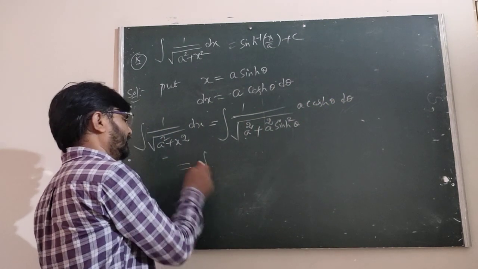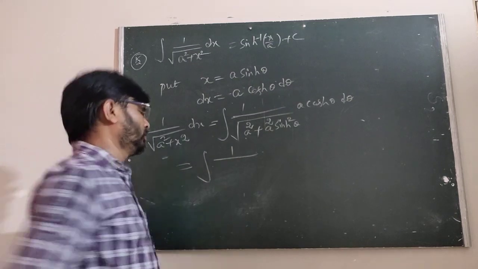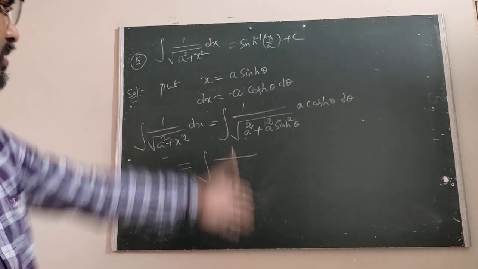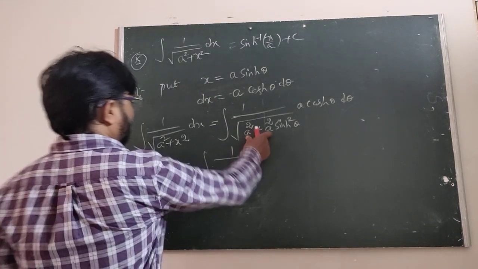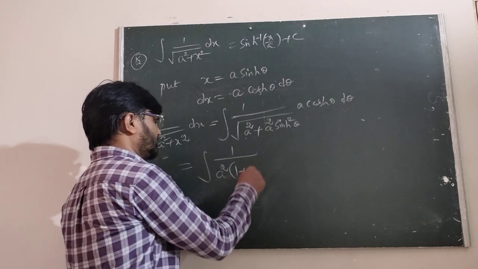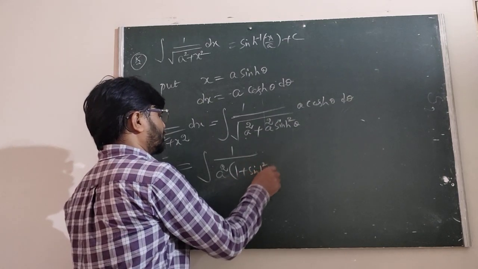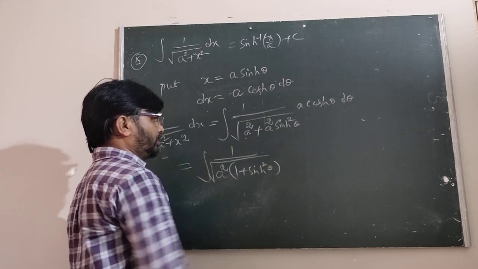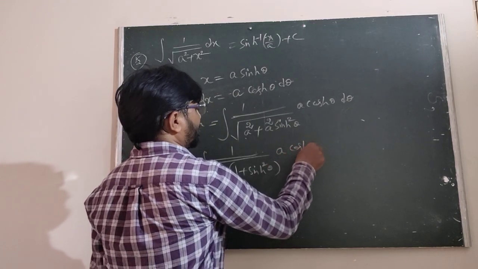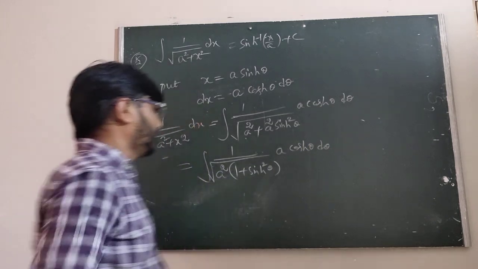Then we are writing here 1 by, looking at the denominator, the term a square is common. Therefore, now we are taking a square, then the remaining is 1 plus sin h square theta under root. This is a cos h theta d theta.